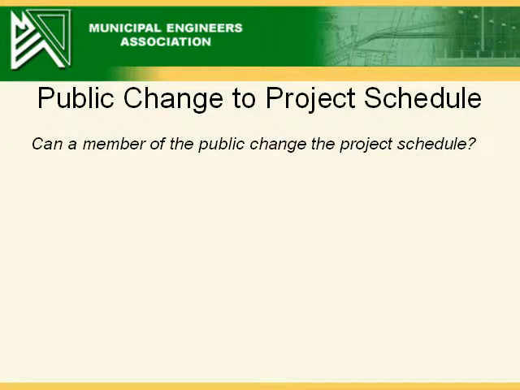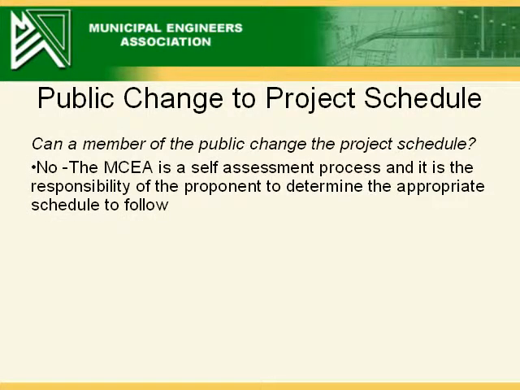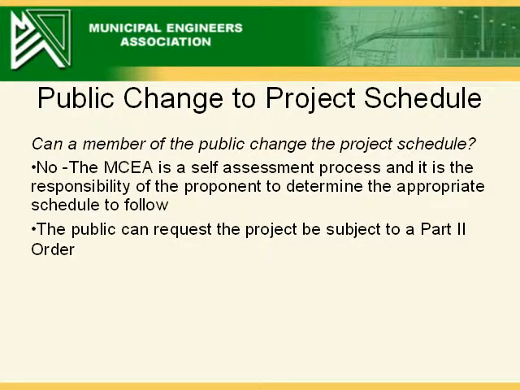Can a member of the public change the project schedule? The MCEA is a self-assessment process, and it is the responsibility of the proponent to determine the appropriate schedule to follow. Although members of the public are not able to change the project schedule, the public can request the project be subject to a Part 2 order, an individual EA Part 2 order request.